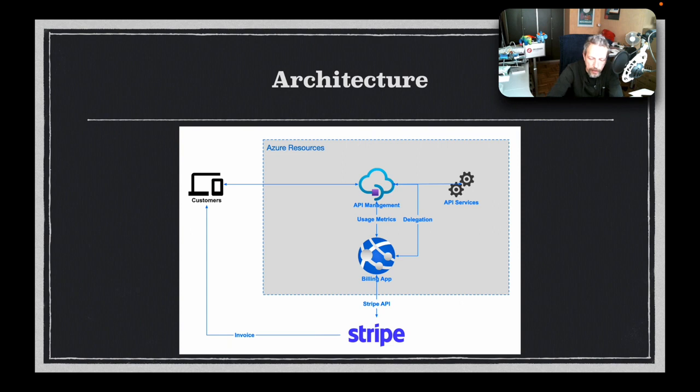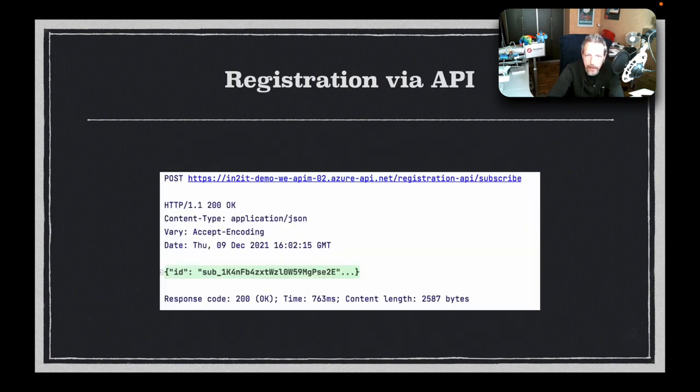How does it look from my endpoint here? Well, as I mentioned, I have my registration API, which is the billing API, the billing app that I will use to subscribe new users. And in Azure API Management, I select this as a delegation partner.